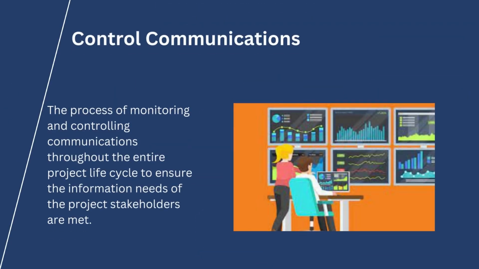Control communications involves monitoring and controlling the communications across the project to ensure that the information needs of stakeholders are met and that communication occurs in an effective and efficient manner. This belongs to the monitoring and controlling process groups.